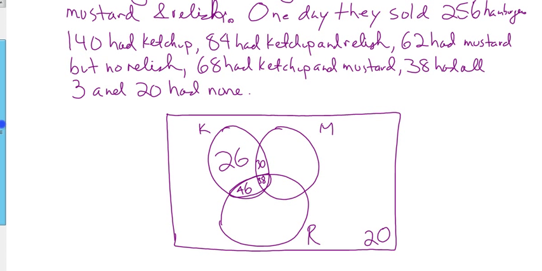Now what have we dealt with? We get the mustard? Yeah. Okay, so 62 had mustard but no relish. So we need to get rid of the relish, the 38 there. Okay, so that gives us how many? 32.